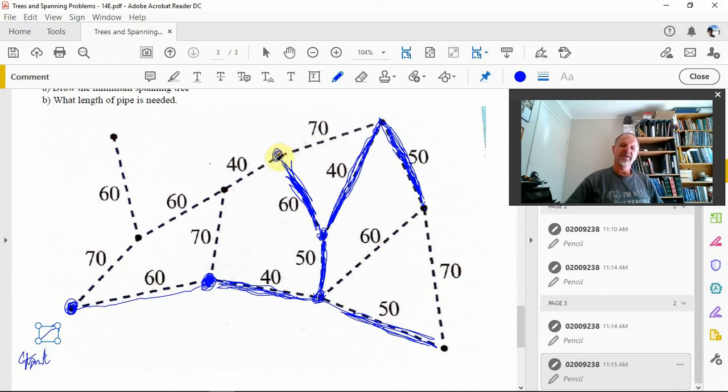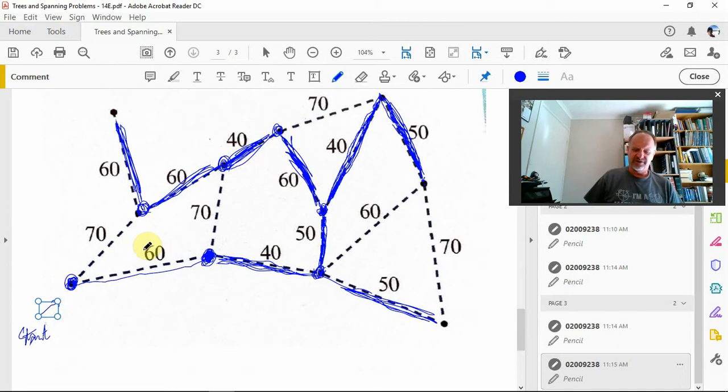All right, we're now here, 40 down to there. From here, 60 down to there. And then 60 up to there. So in that, I've now drawn the spanning tree using Prim's algorithm.